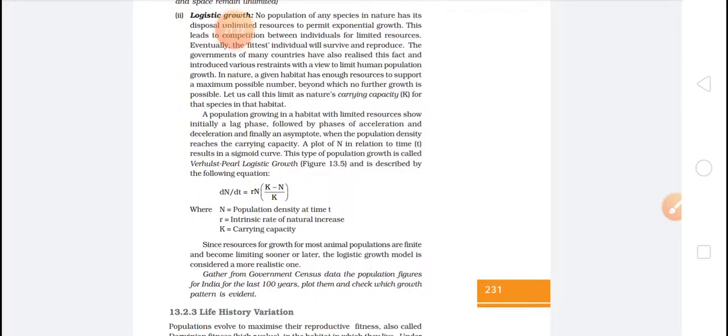When the population increases, ultimately the resources which are there will become limiting. This phase is common in most areas, and the graph which we get over here is the S curve, which is known as the sigmoid curve.